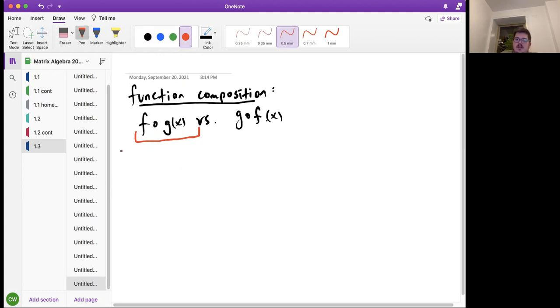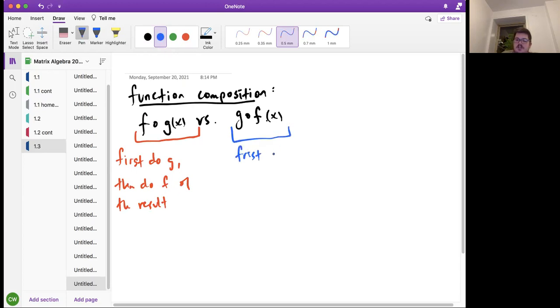Yeah, in this case, first do g, then do f of the result. This one, exactly what you guys said, is first do f, then do g of the result.